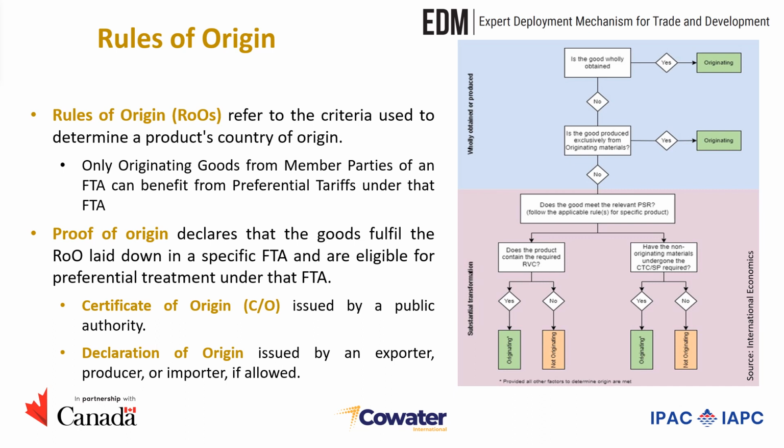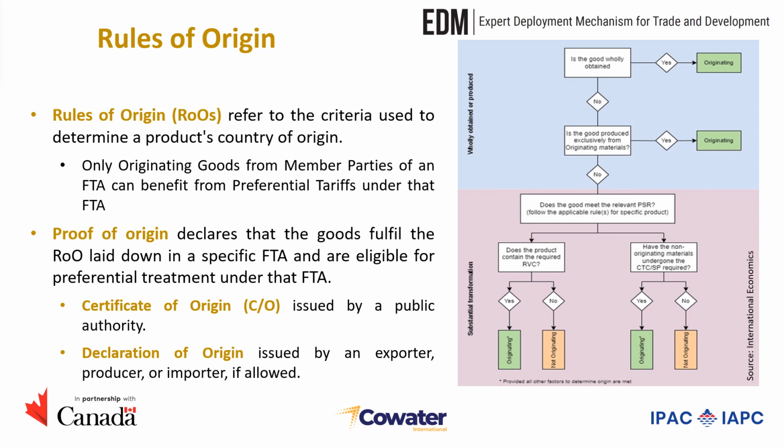Once the producer or manufacturer of the product has determined that their product meets the rules of origin, they must obtain the proof of origin, which declares that the good fulfills the rules of origin that have been laid down in a specific FTA, so that their products are eligible for preferential treatment under an FTA.